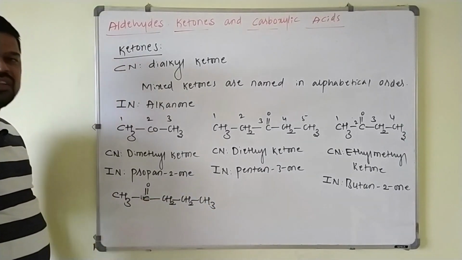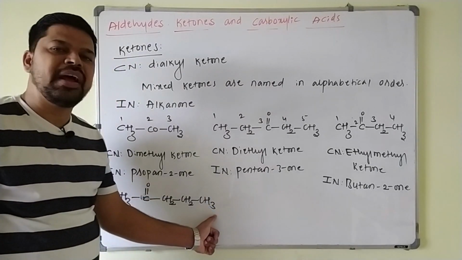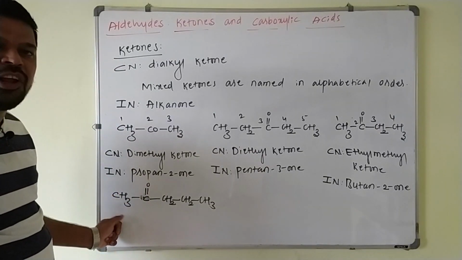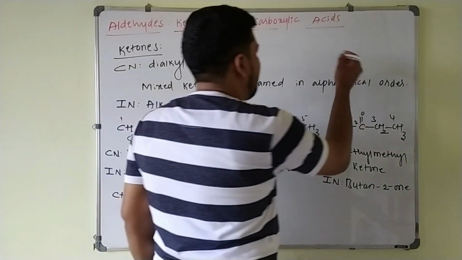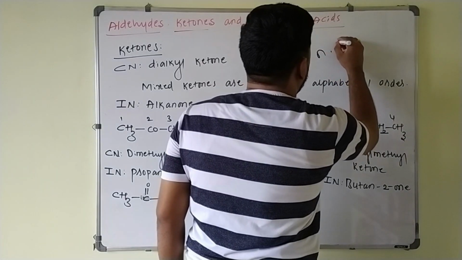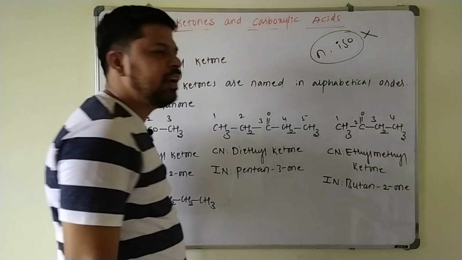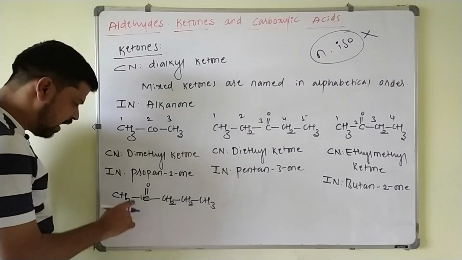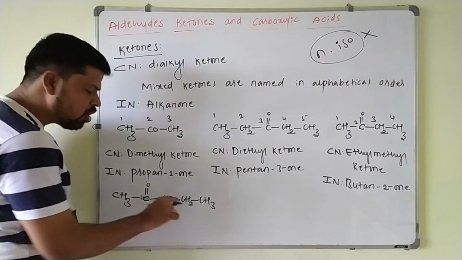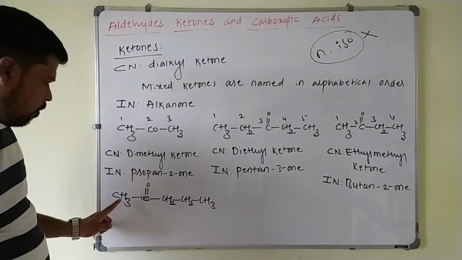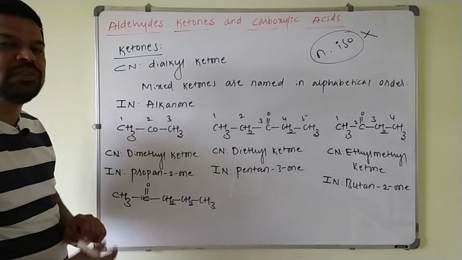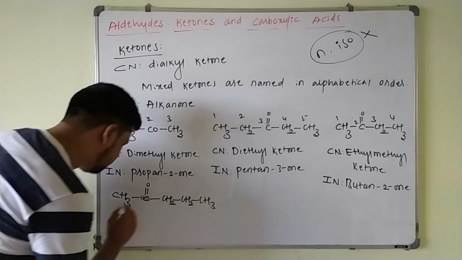All the carbon atoms are in a straight chain, so it is n-propyl. Always keep in mind, in alphabetical order the prefixes n and iso are not included. So directly you have to consider methyl or propyl. Methyl comes first here. So methyl n-propyl ketone.